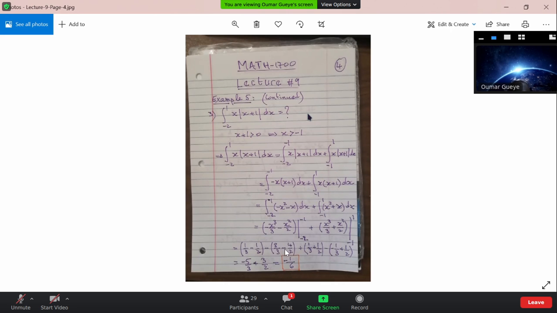The second bracket is obtained when you substitute x by -2. The third bracket is when you substitute x by 1. And the fourth one is obtained when you substitute x by -1. And after calculation, you will get -1 over 6.